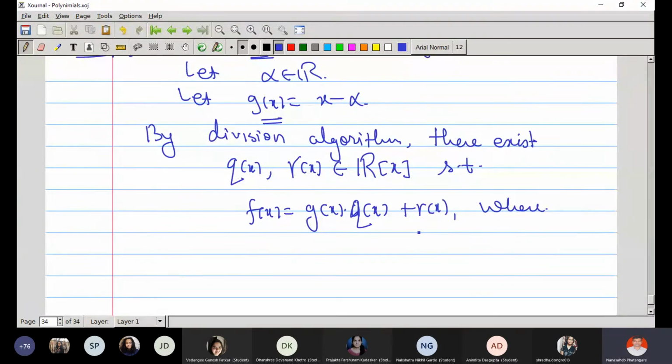What is the condition on r(x)? Either r(x) is 0 or degree of r(x) is less than degree of g(x).